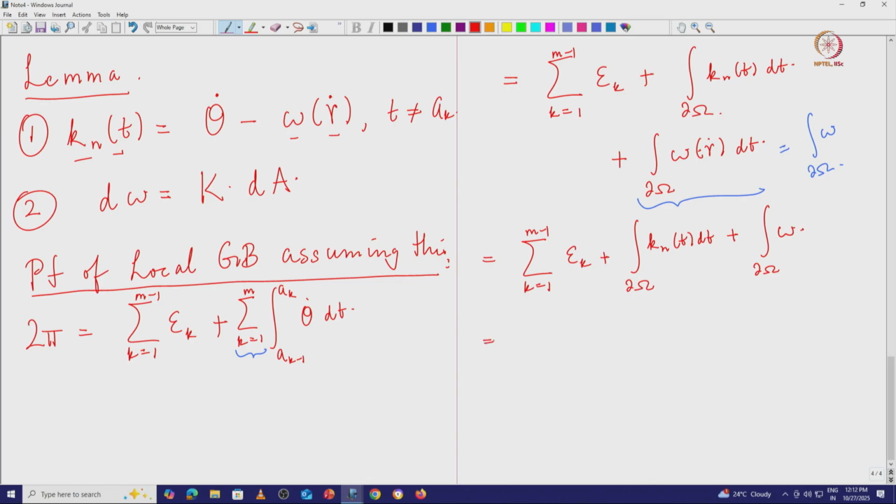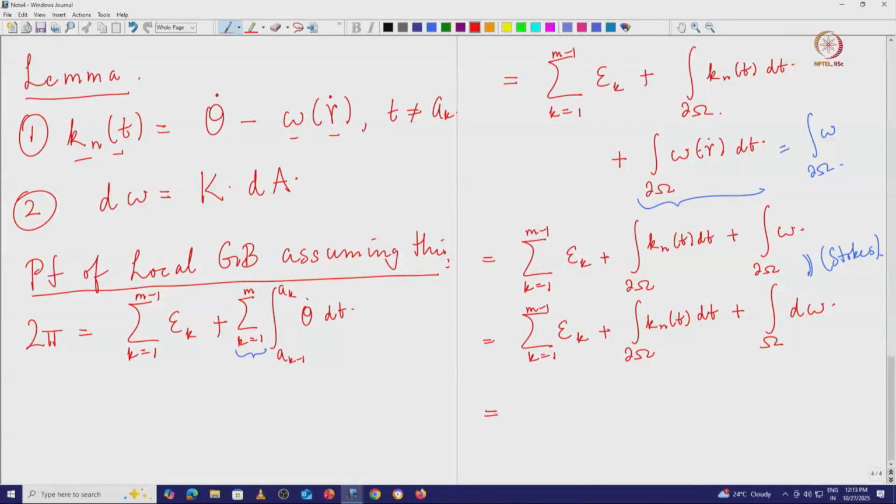But then by Stokes, and here is where the orientation was important, the fact that I have oriented gamma so that it has positive orientation with respect to Stokes's theorem, I can now apply Stokes's theorem and convert this into an area integral of d omega. So this is Stokes's theorem.